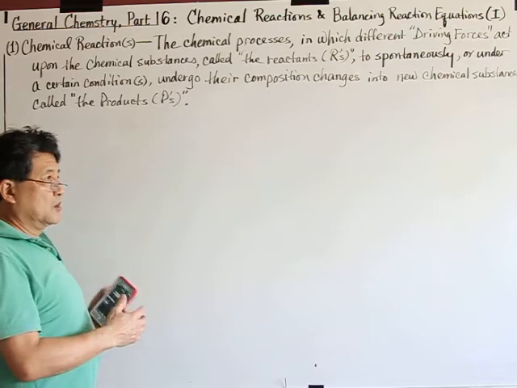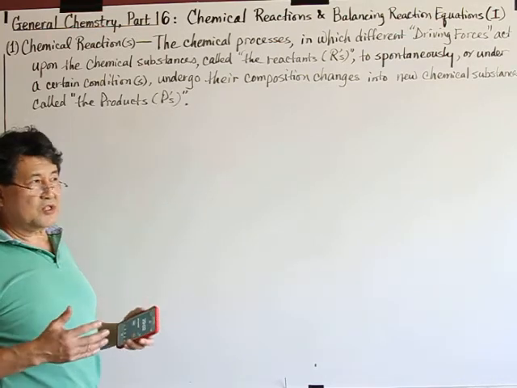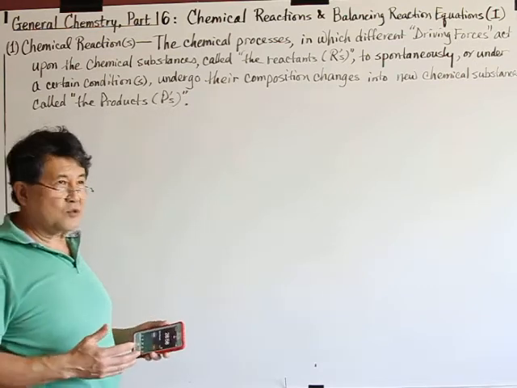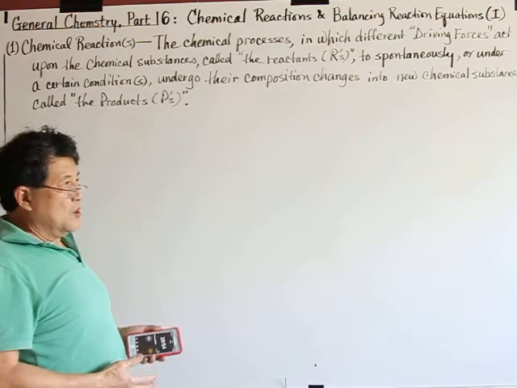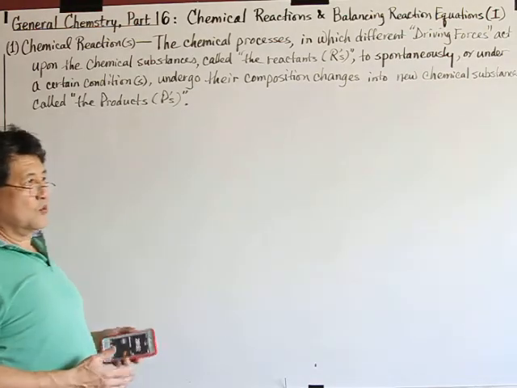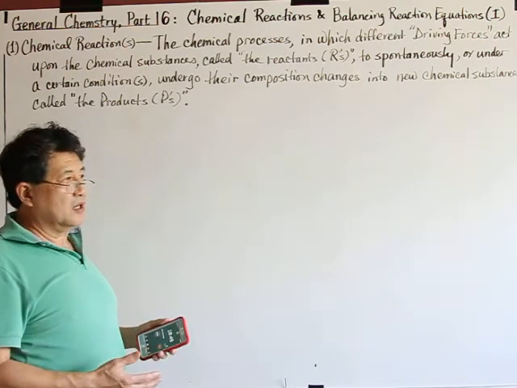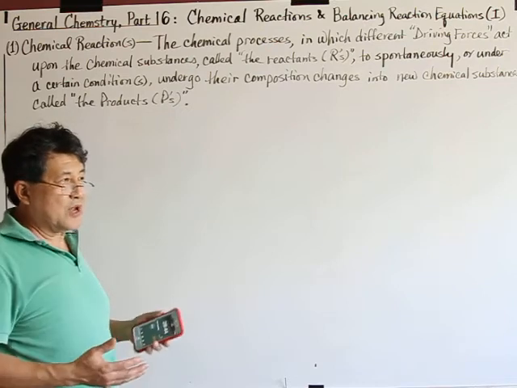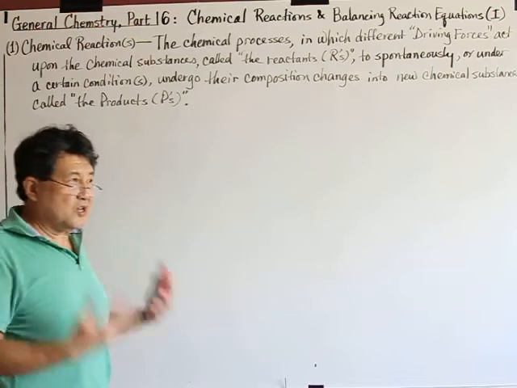Now, in order to get into stoichiometry, which is the quantitative analysis of a chemical reaction, we have to start from what a chemical reaction is, what its definition is, and what chemical reactions do. And then what is the force that drives the chemical reaction to happen, and what are the chemical reaction conditions.